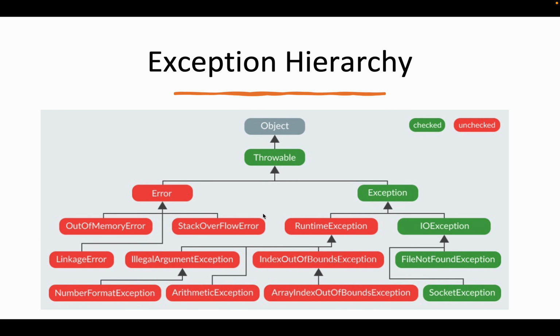On the other hand, on the left we have Error, and under Error we have OutOfMemoryError, StackOverflowError, then all other errors that follow the hierarchy. You can actually go to the Java docs to look at this hierarchy yourself.